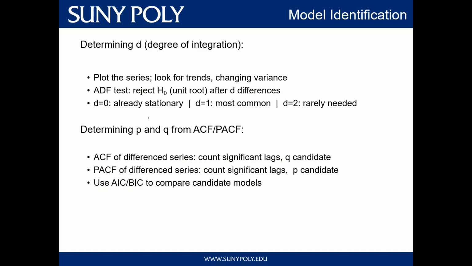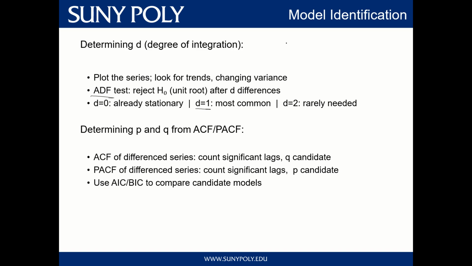If we're given a time series, you plot it and it looks non-stationary, so you perform the augmented Dickey-Fuller test. If we do not reject the null hypothesis, then it implies it's non-stationary, so we need to find the difference in our time series. d = 1 is the most popular differencing.